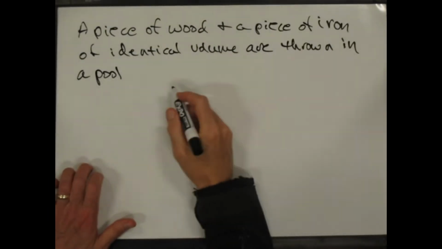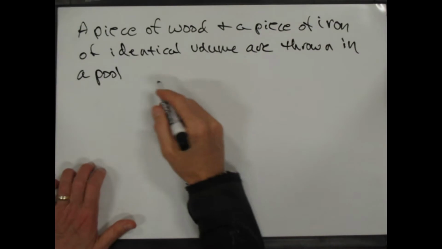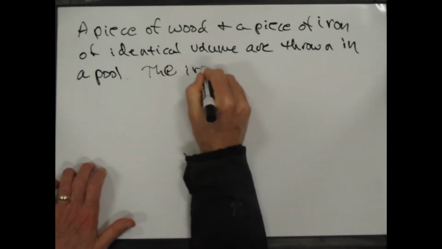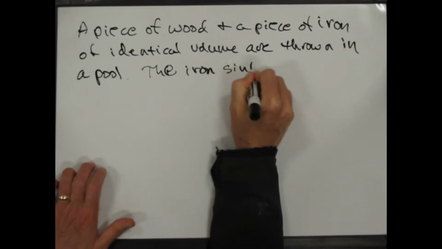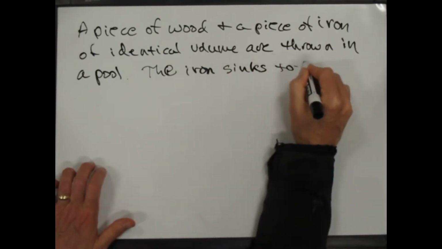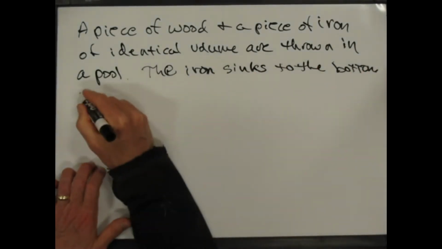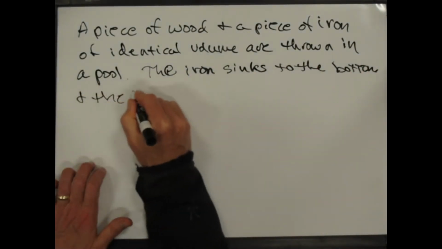A piece of wood and a piece of iron of identical volume are thrown in a pool. The iron sinks to the bottom, and the wood floats.